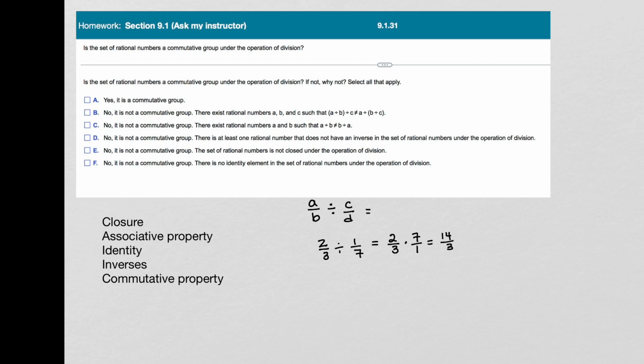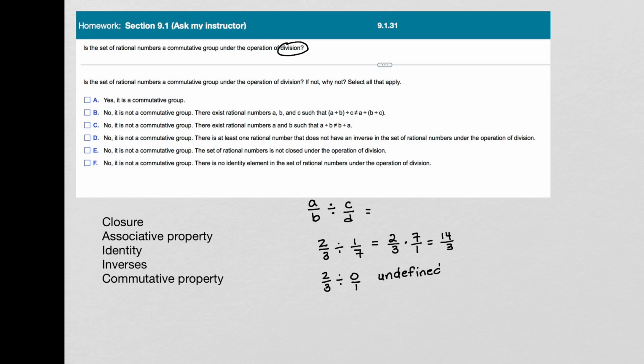But here's where we run into trouble. Whenever you see division, 0 is going to be the thing that gives you a problem. So if I take 2 over 3 and I try to divide that by 0, or 0 over 1, I can't do that, right? This is undefined.